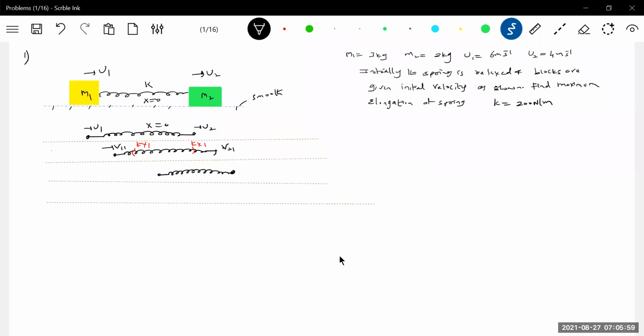Finally, maximum compression will occur. At maximum compression both will have a common velocity, and the spring force is Kxm.